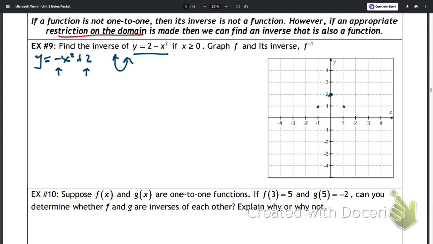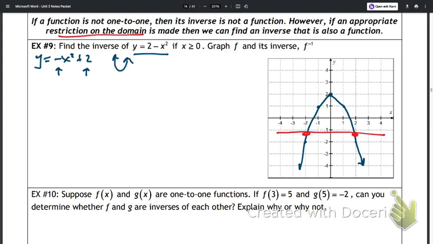Down here we have this and this, so it should look something like this. That's what the original function looks like. That's not one-to-one, and the reason why it's not one-to-one is because it fails the horizontal line test. Those y's are going to repeat right there, and those y's will become the x's on the inverse.